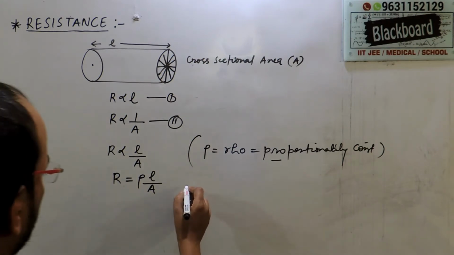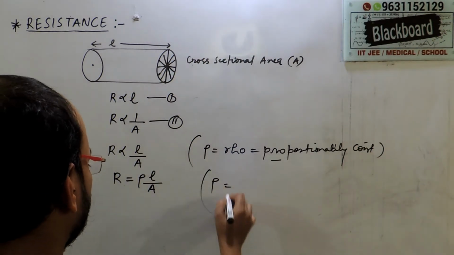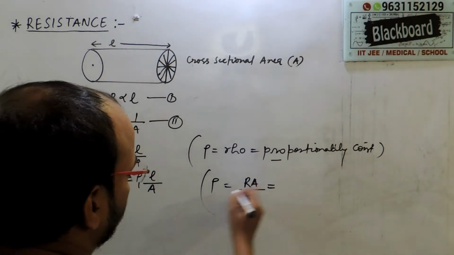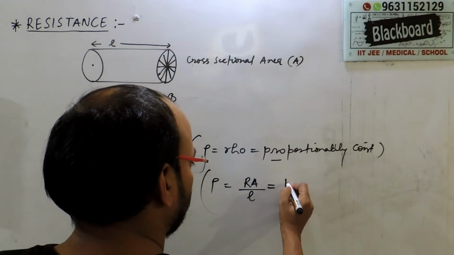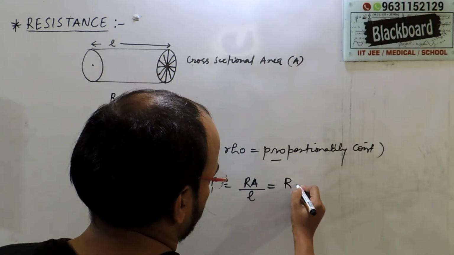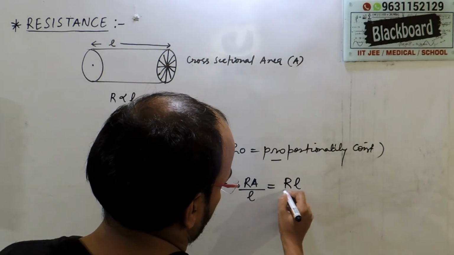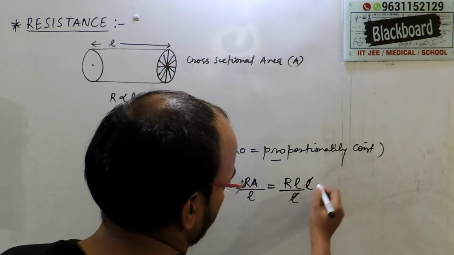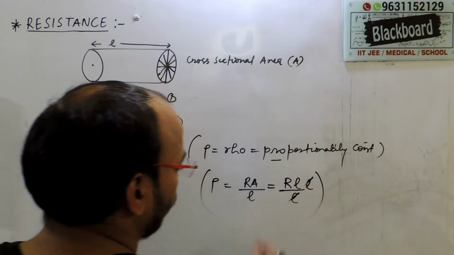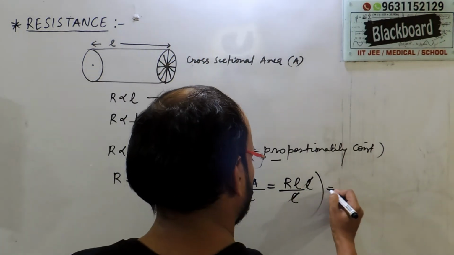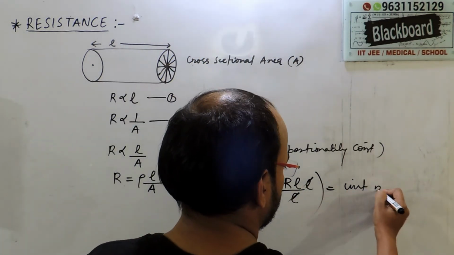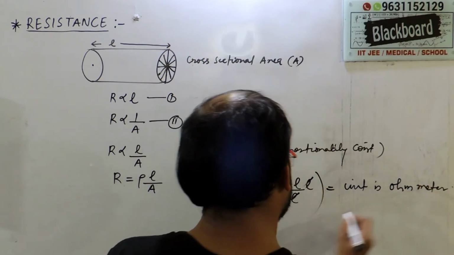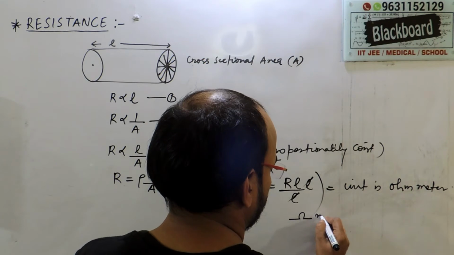That means you can write rho is equal to R into A by L. That means here, L, rho, इसको हम ऐसे लिख सकते हैं, this is L and this will be L into L by L for unit. Unit के लिए हम लोग ऐसे कर रहे हैं, तो resistance के लिए unit हो गया ohm and this is meter. तो इसका unit हो गया, this unit is ohm meter.